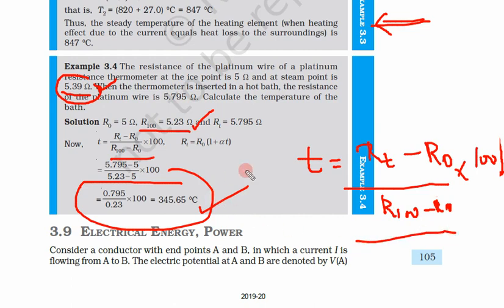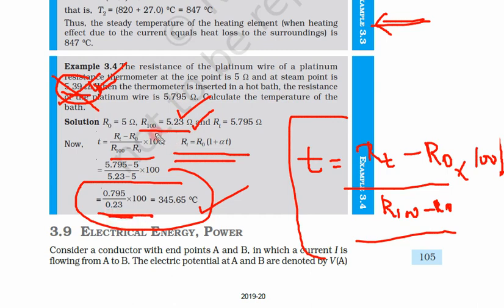The only thing you have to keep in mind is that we calculated the alpha, then calculated RT using this equation, while they are directly calculating. But either you take this value or this value. Please leave this value, because in the equation they have taken 5.23. So please use this 5.23 instead of 5.39.